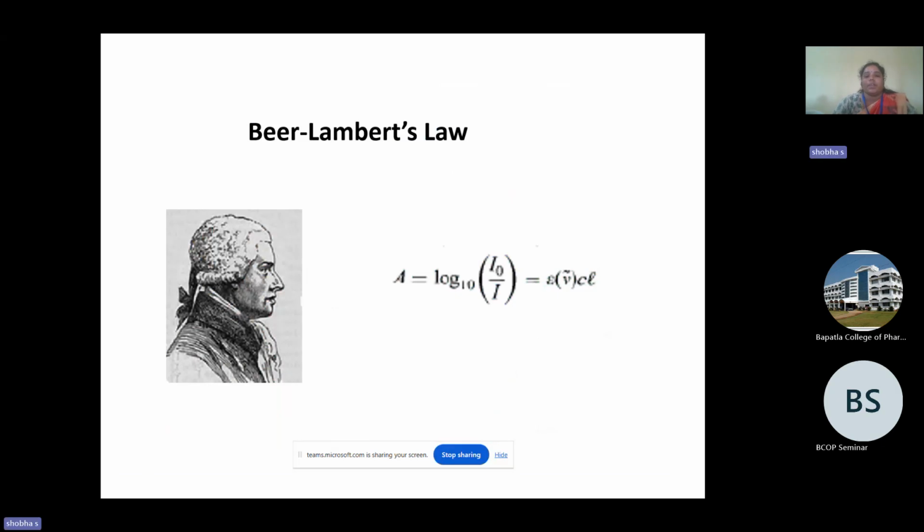Apart from IR spectroscopy, normally how are we going to know the concentration of a molecule? By means of the Beer-Lambert law. The absorbance directly tells us the concentration of the analyte present in the sample.